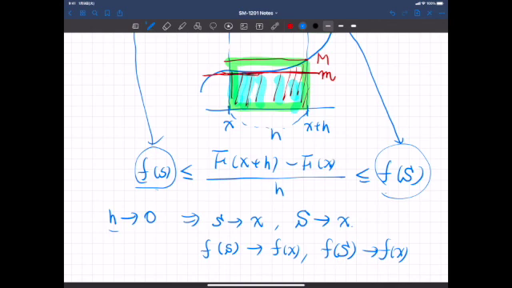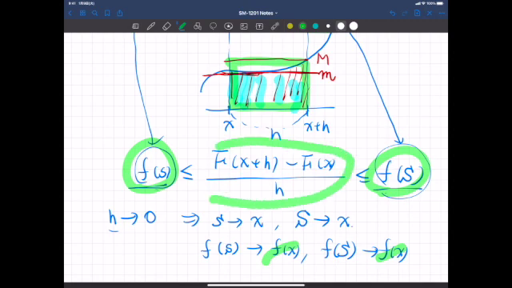So that means both of these, this one and this one, they both approach the same value, f of x. By the squeeze theorem, therefore, this middle value must also converge to the same value. So this must converge to f of x. So that was to be demonstrated. Okay, and the proof is done.